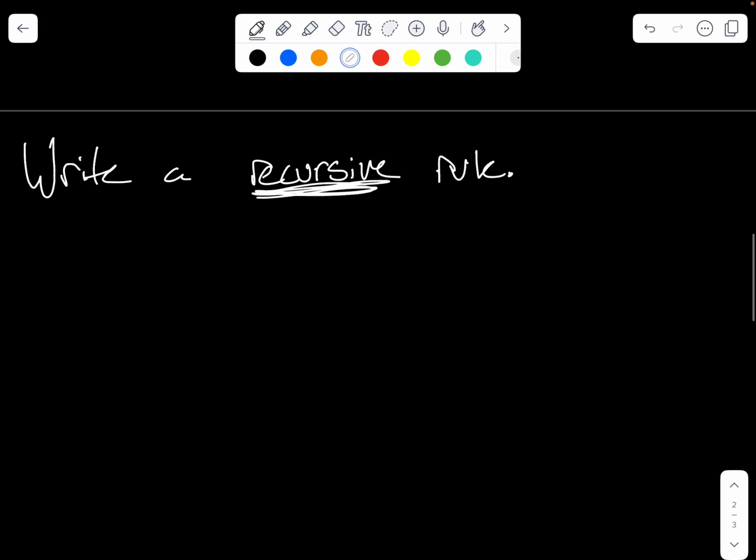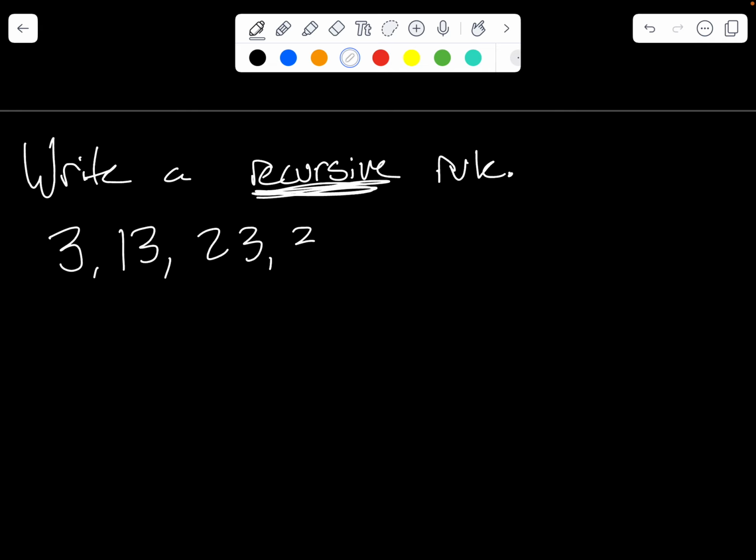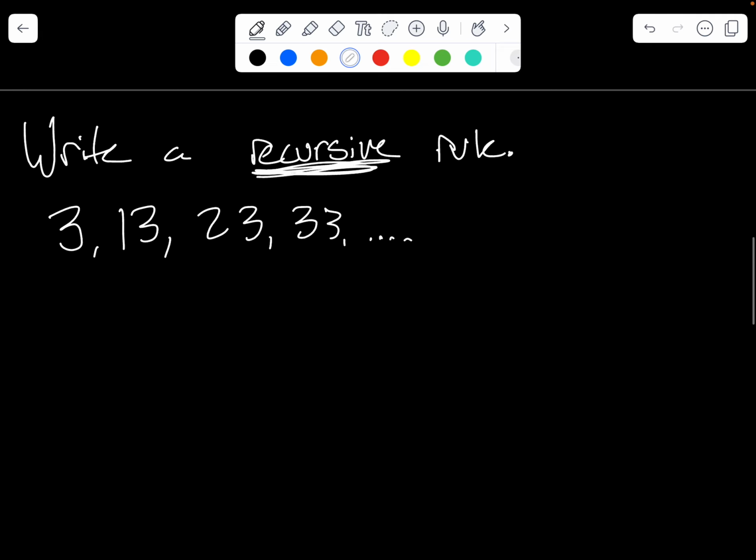What I want to show you is how we would write a recursive rule. So let's say we have that same pattern, 3, 13, 23, 33, and so on. A recursive rule always follows this format. We state our first term, and then we say here's how we get our second term, or all the ones following it.